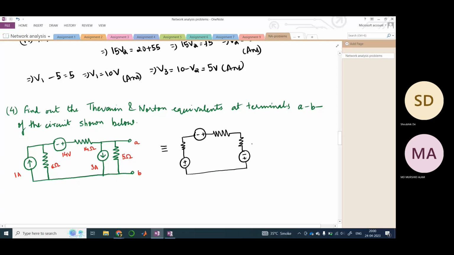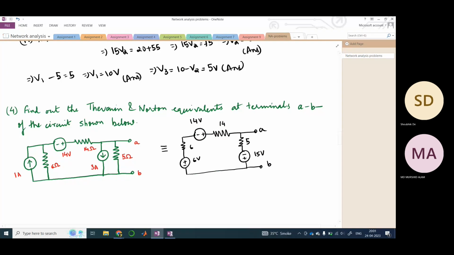And here there is this terminal VAB, right? And this is how much? This is 5, this is 15 volts, this is 14 volt, this is 14 ohm, this is, sorry, 6 ohm, and this is 6 volts, right?